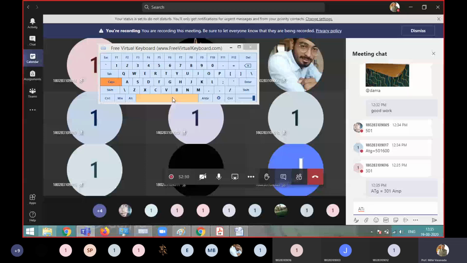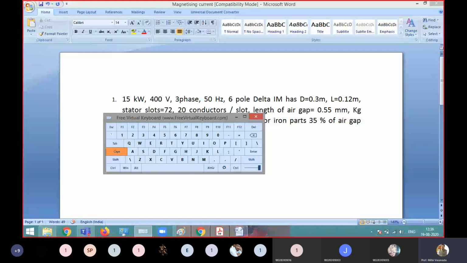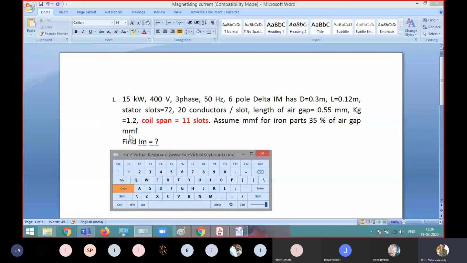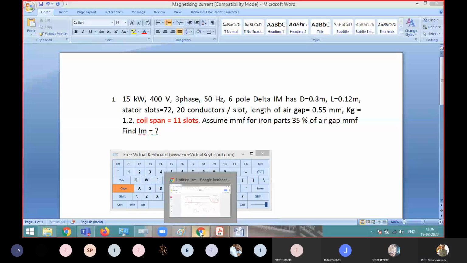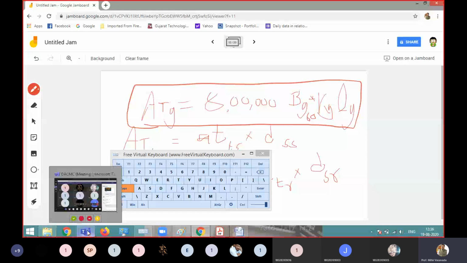I'm writing that equation in the chat box. So multiply by 0.35. Kg is also given; kg is 1.2, the gap contraction factor. Let me check. No, it is 1.2. You read it wrong; it is 1.2 only.